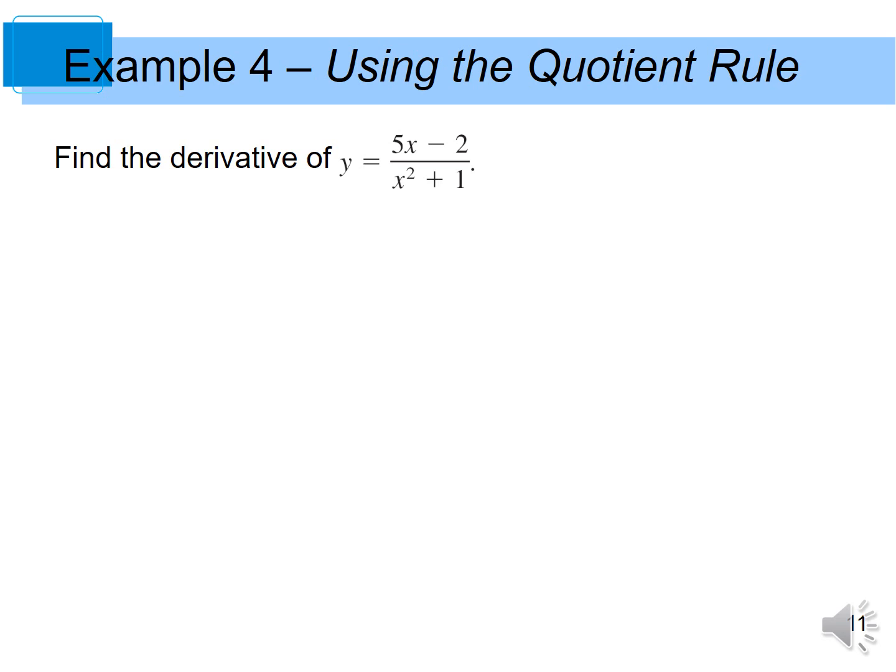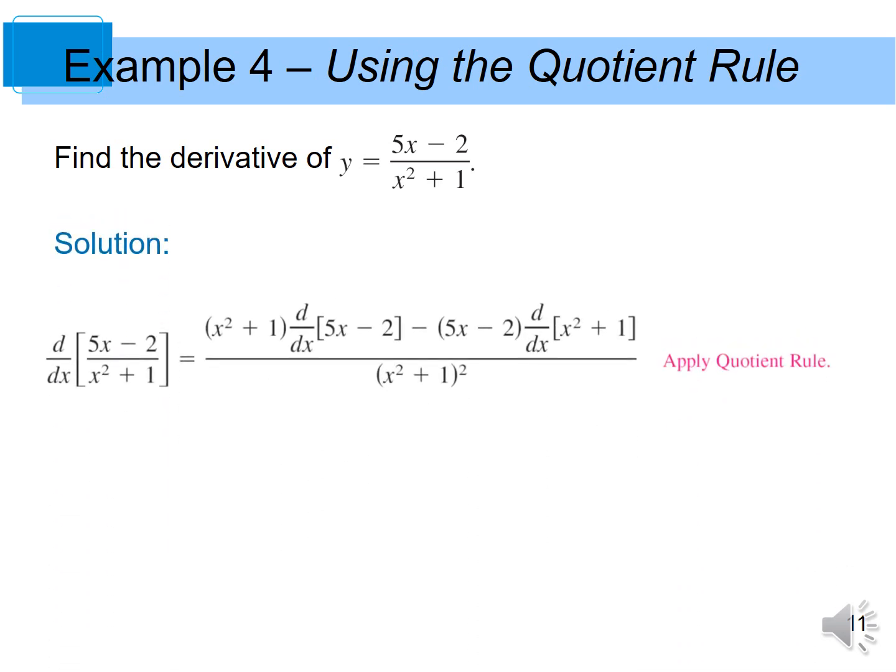Find the derivative of y equal to 5x minus 2 over x squared plus 1. This is a rational function, so we use the quotient rule. Remember, for the quotient rule, we differentiate the first function.